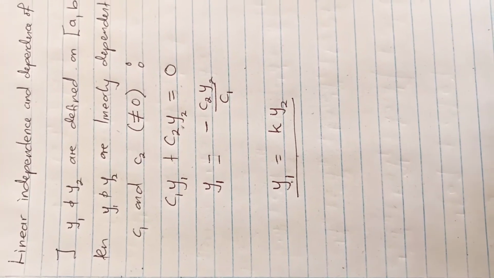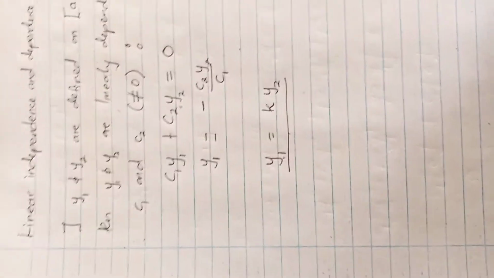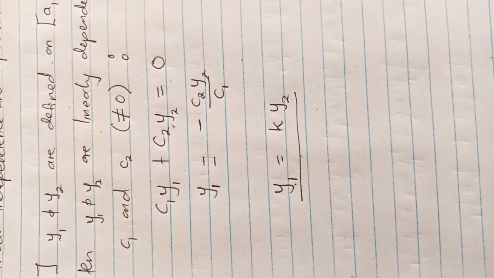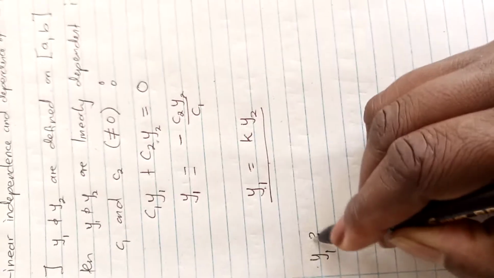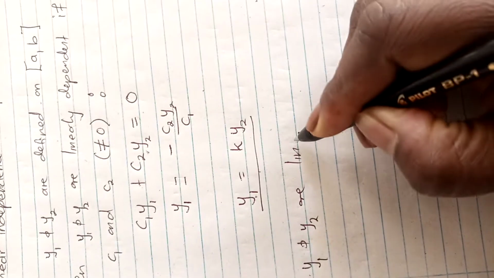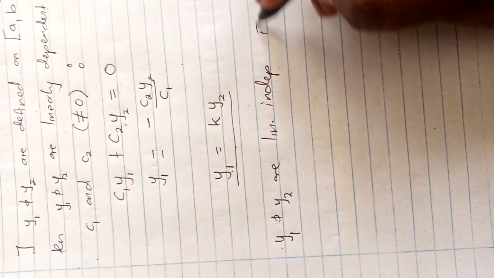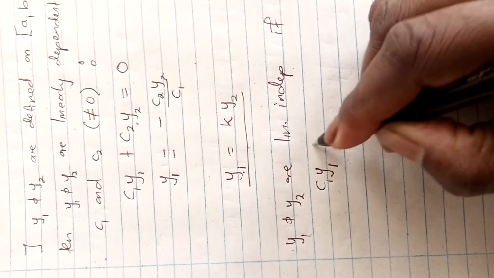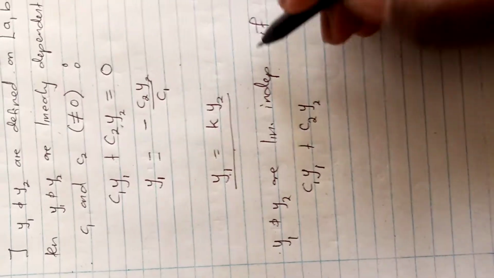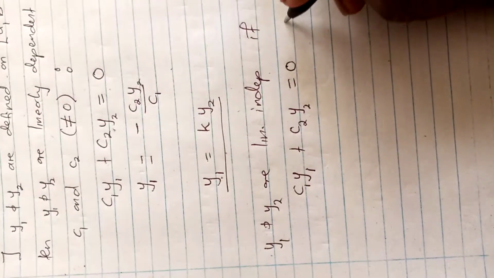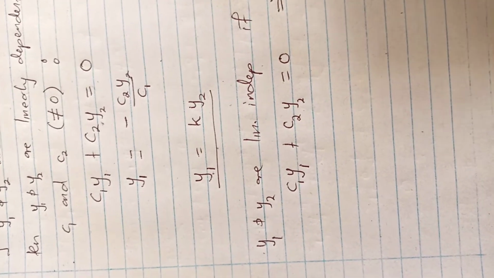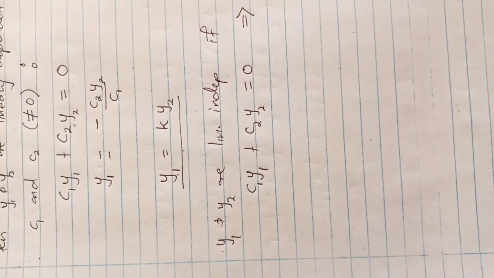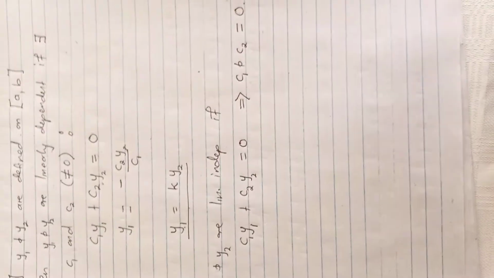So that is linear dependence. One solution depends on the other. Now moving on to linear independence, we are saying y1 and y2 are linearly independent if C1 y1 plus C2 y2 equal to 0 implies that C1 and C2 are zeros to begin with, because one solution is not a constant multiple of the other.